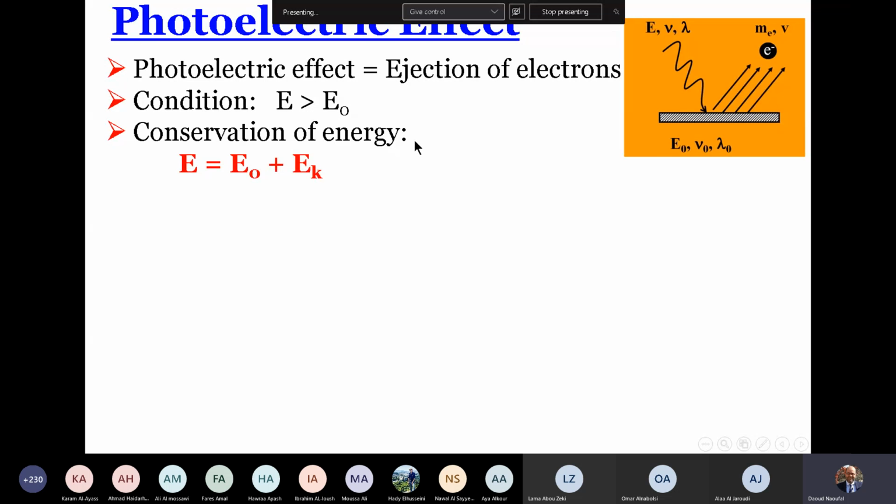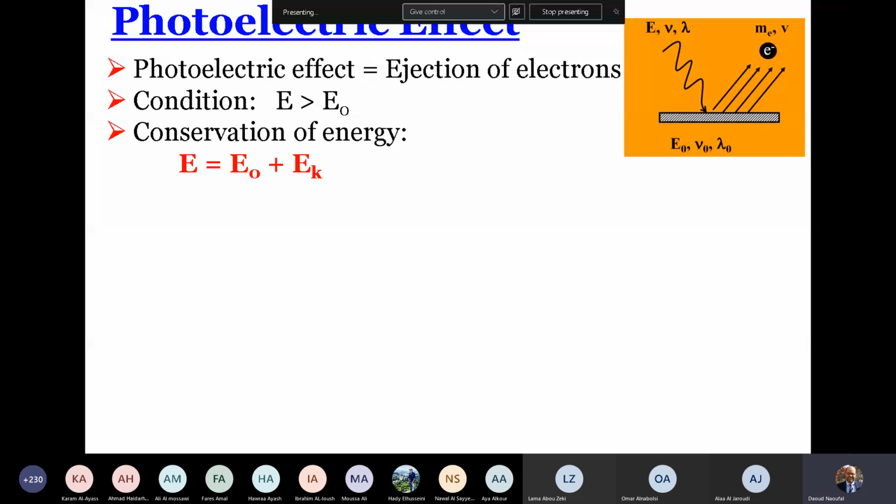The principle of conservation of energy says that we have total energy constant. So the energy that strikes the metallic piece is divided into two parts. A part is responsible for the ejection of the electrons, and when the electrons are ejected from the metallic piece, they have kinetic energy.